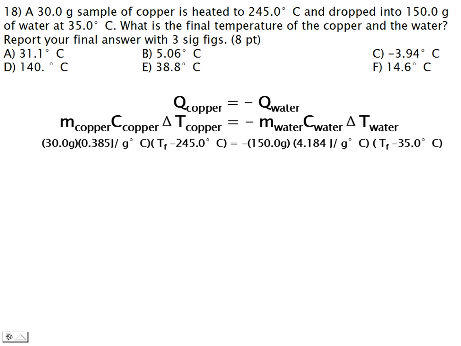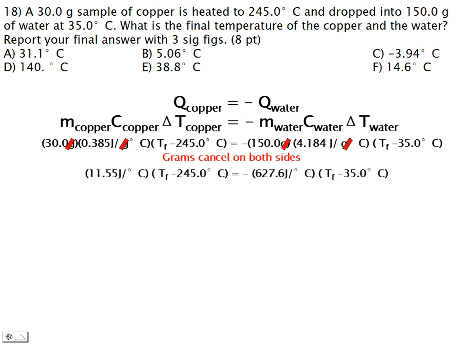Notice that we wrote out all units and we can solve for this step by step. Step 1. Multiply the mass of copper and the specific heat capacity of copper on the left-hand side, and on the right-hand side, multiply the mass of water times the specific heat capacity of water. Notice that the grams cancel out on both sides, and we're left with the following equation.